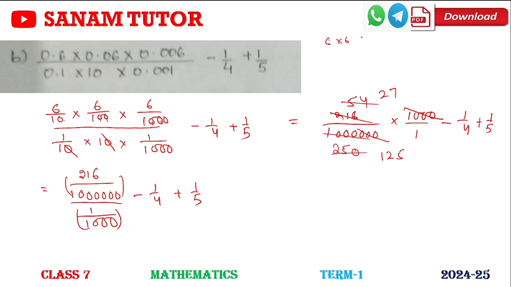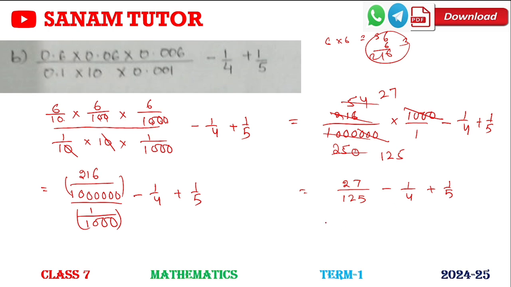6 into 6 is 36, into 6, 6 sixes are 36, 6 carry 3, 6 threes are 18. Yes, okay, correct. Now solve 27 divided by 125 minus 1 by 4 plus 1 by 5.